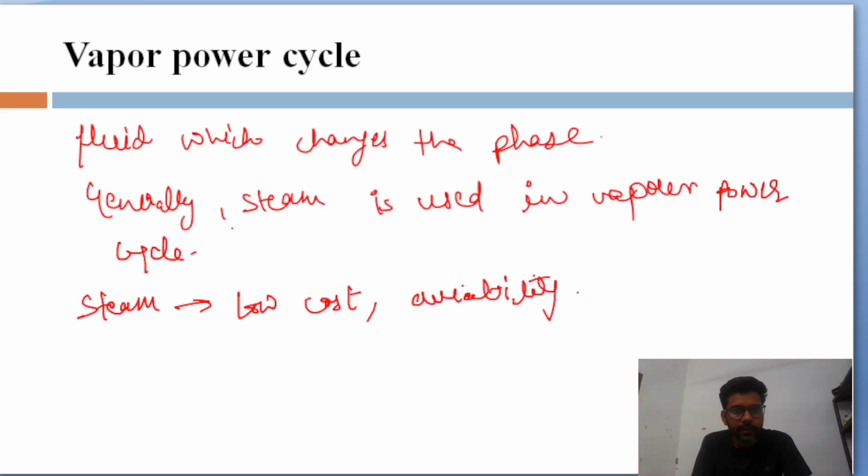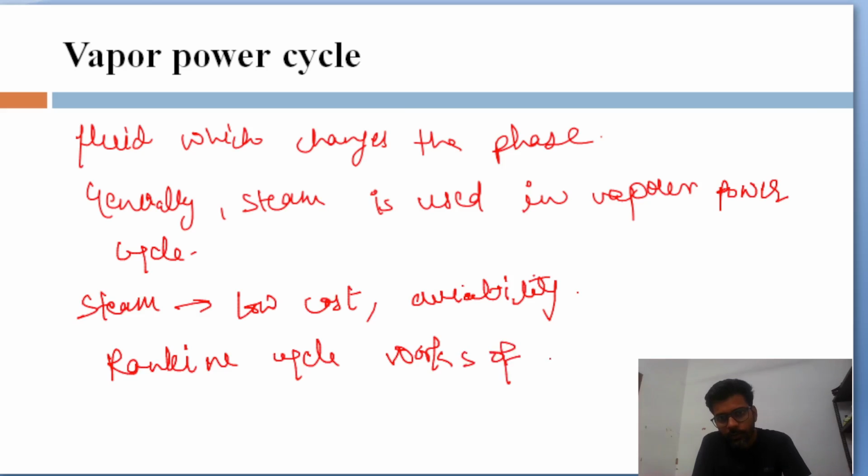So the Rankine cycle works on the vapor power cycle, or is an example of a vapor power cycle.